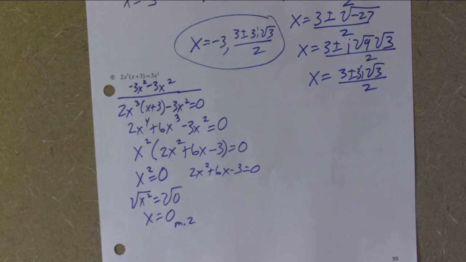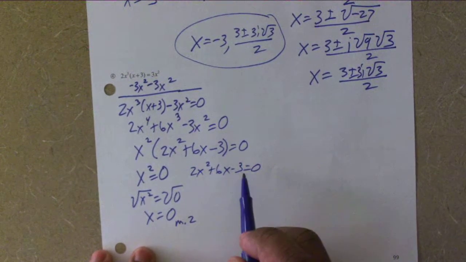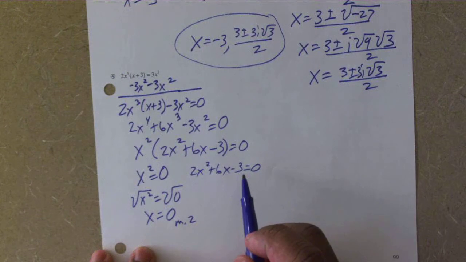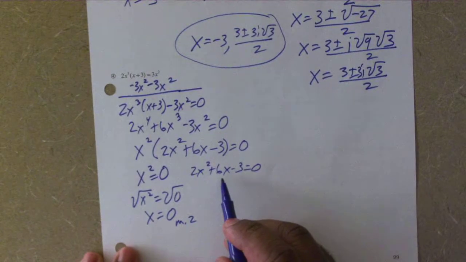All right, now, with this next problem here, if we listed our A, B, and C and multiply A and C, wouldn't that give us negative 6? Can you think of two factors multiplied together that would give you negative 6, but added together would give you 6?